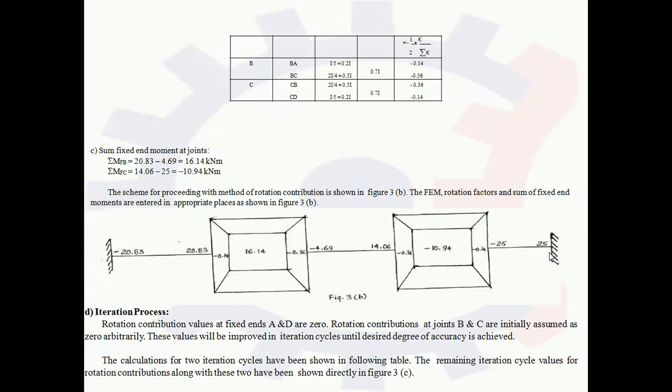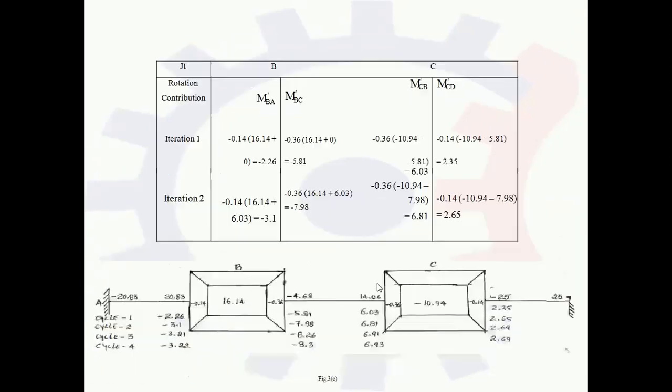Initially the rotation contribution values at all these members are 0, but as the cycles increase, we get these values progressively. Starting with this value as 0, we have to calculate the rotation contribution values of BA, BC, CB and CD, which is elaborated in this table.